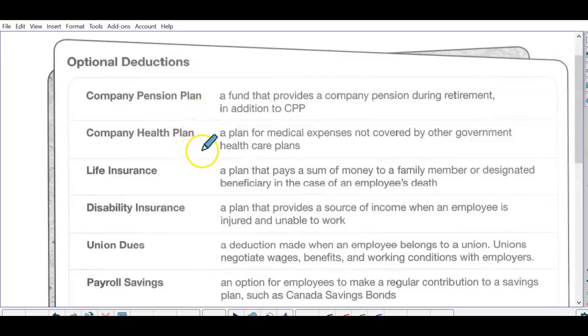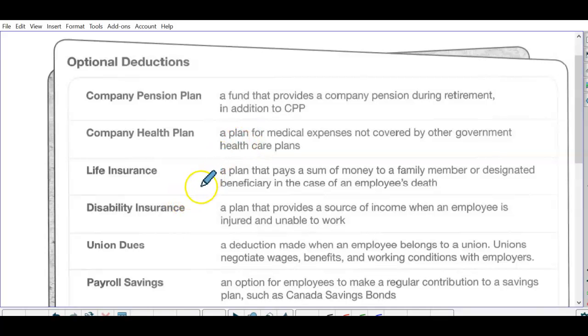Company health plan. Sometimes you might have to contribute to that. Sometimes it's offered. In Canada, we can get health care without paying; really, it comes through our income tax. But this is for the extras, so for dental or eyeglasses or prescriptions and that kind of thing.